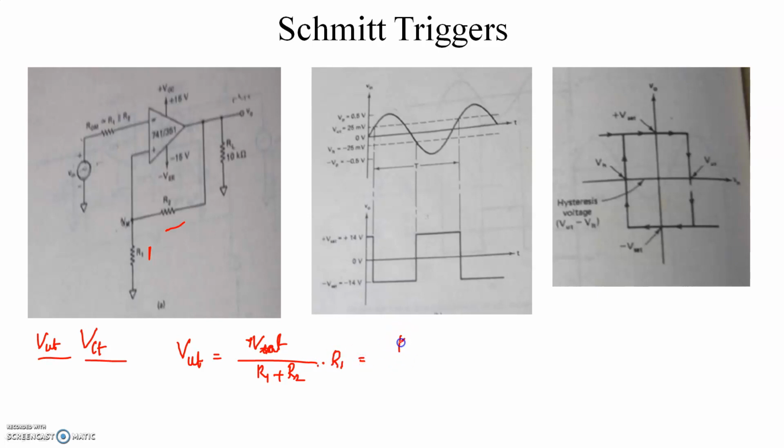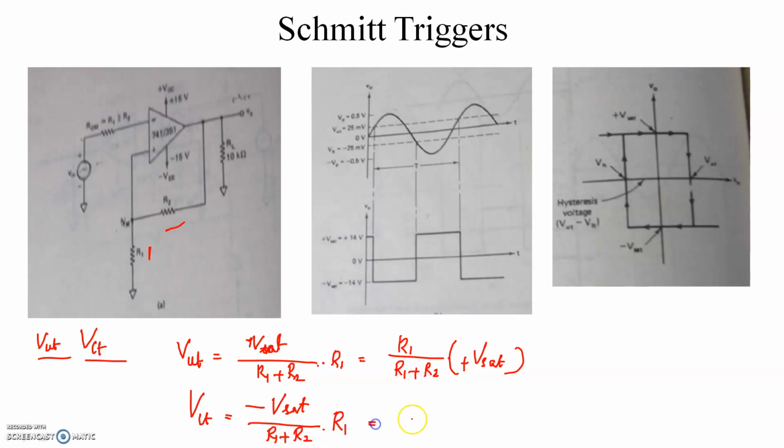That is, VUT equals R1 by R1 plus R2 into plus Vsat. Similarly, the lower threshold voltage VLT is obtained when the output voltage is minus Vsat. The current flowing is minus Vsat divided by R1 plus R2, and the resistance is R1, so VLT equals R1 by R1 plus R2 into minus Vsat.